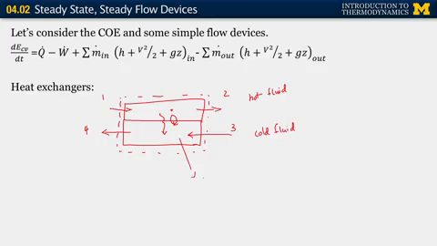One is the work transfer for that system is 0. The other thing is, and this is really important conceptually, there's no heat transfer with the ambient. That's a fundamental assumption of heat exchangers. All the heat transfer occurs between the hot and the cold fluid. So in this control volume, the system is adiabatic.